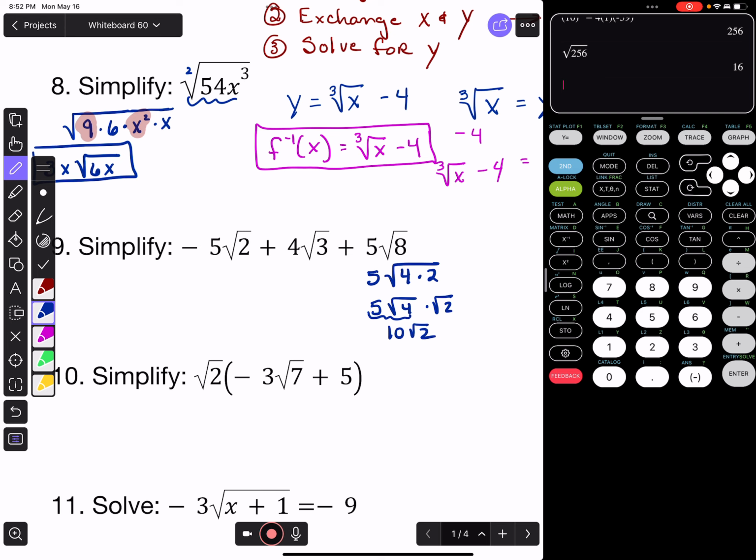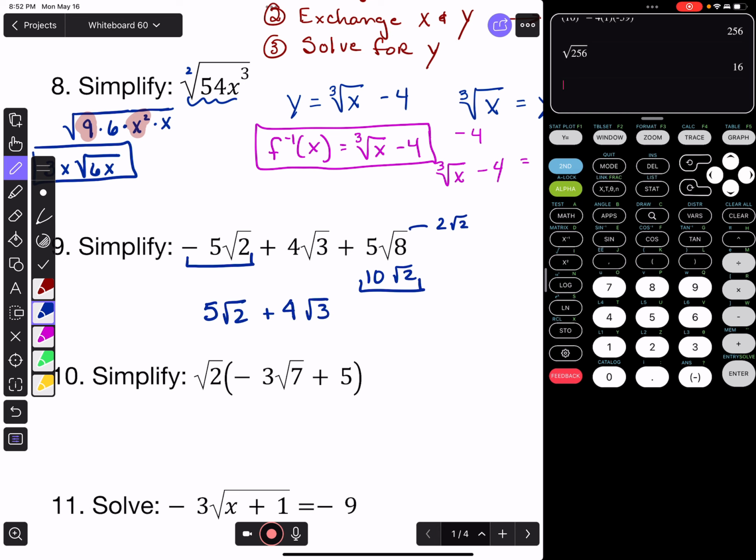Now that's all the steps to what we're doing there, but hopefully we now know that the square root of 8 is just 2 root 2, and so it's 10 root 2 right there, 2 times 5. Okay, so we've got negative 5 root 2's and 10 root 2's. That's a total of positive 5 root 2's, and then we got the 4 root 3's, and they can't be combined, so we just leave them like that.